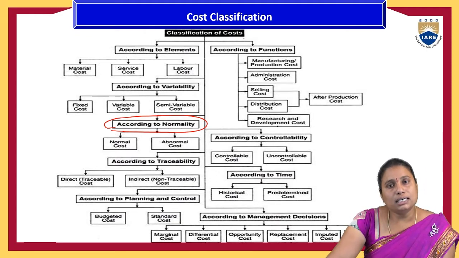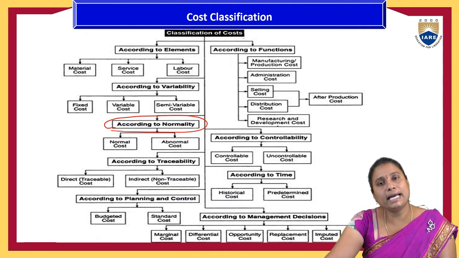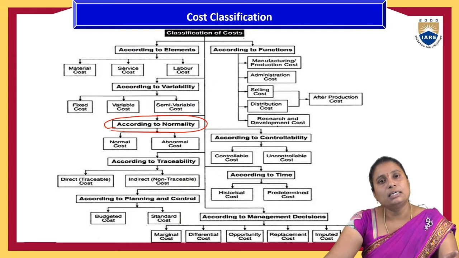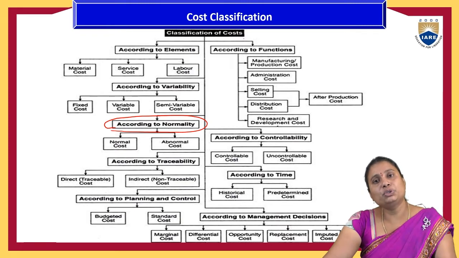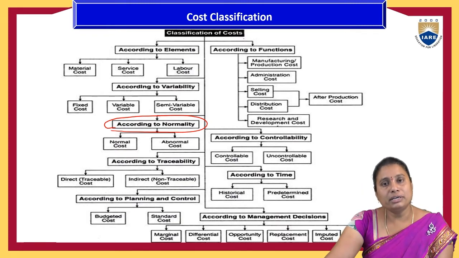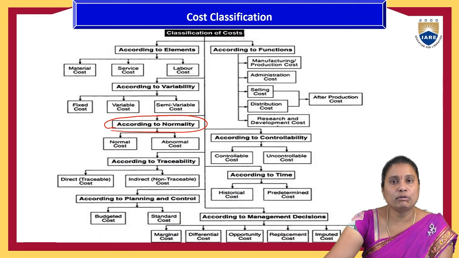Unfortunately, if the person has become physically handicapped or slipped down at the particular production area, then the organization has to pay certain compensation to that employee for his health and well-being. That is an unexpected thing. So in unforeseen situations, if the organization has to pay any expenditures, that will be called abnormal cost.